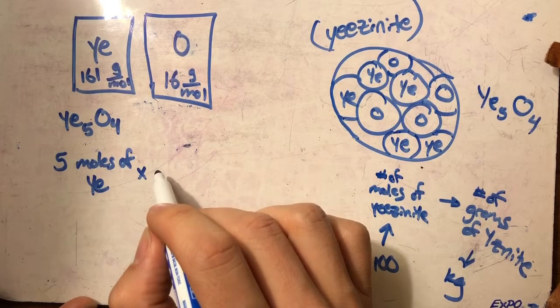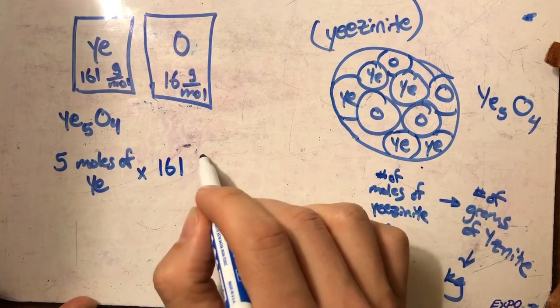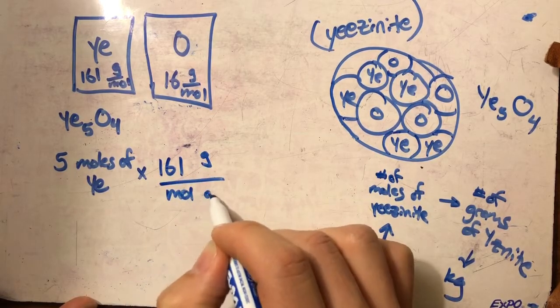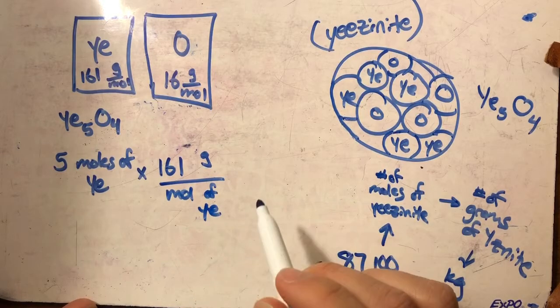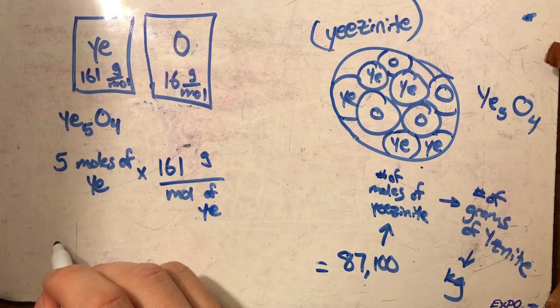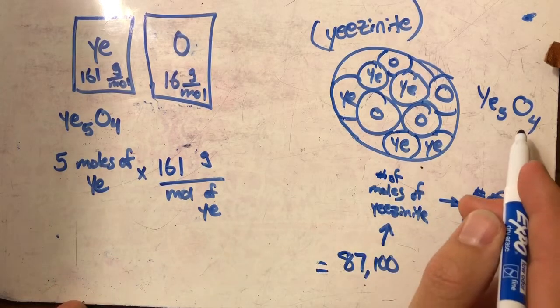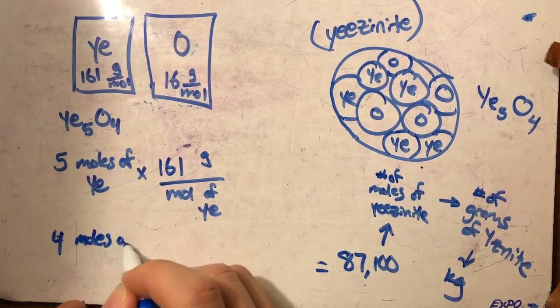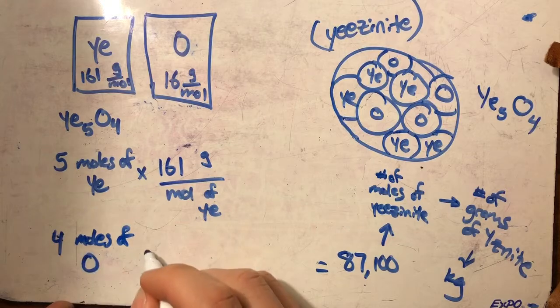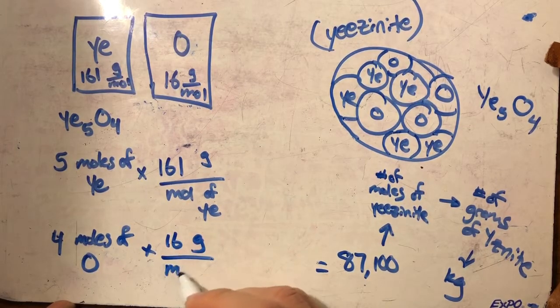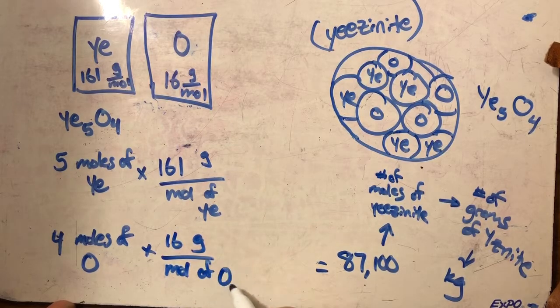5 moles of Yeezium times 161 grams per mole of Yeezium, and we have 4 moles of oxygen times 16 grams per mole of oxygen.